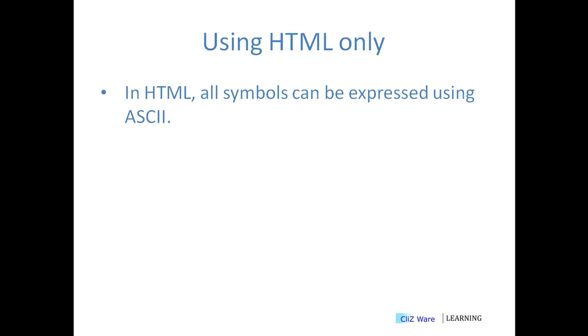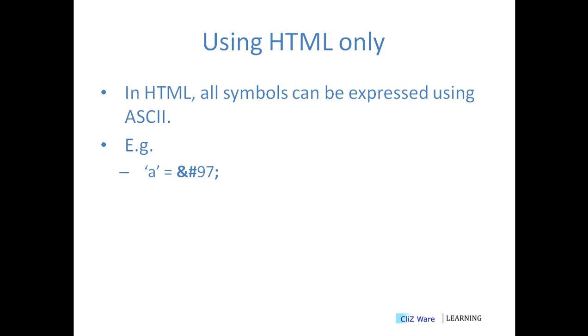So in HTML, all symbols can be expressed using ASCII. Basically what it means is that every symbol has a specific number, and using HTML we can express that letter or number, whatever it is, the symbol to be general, by using that specific ID or code that symbol has.